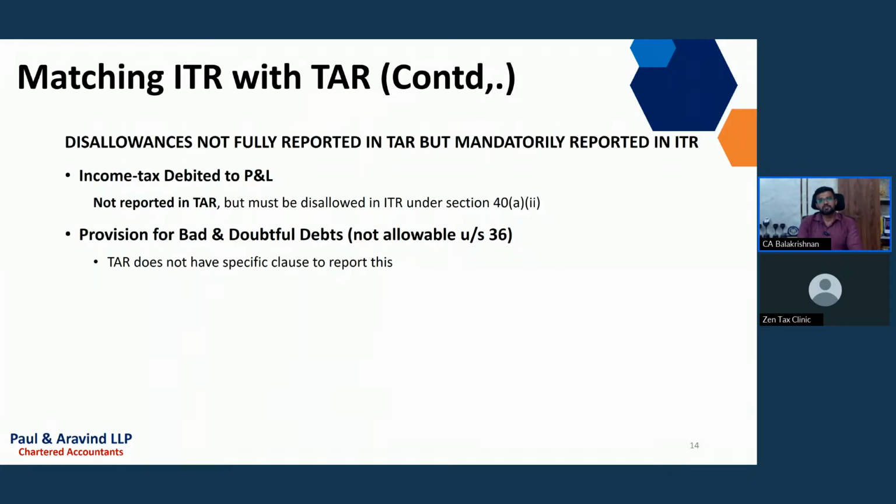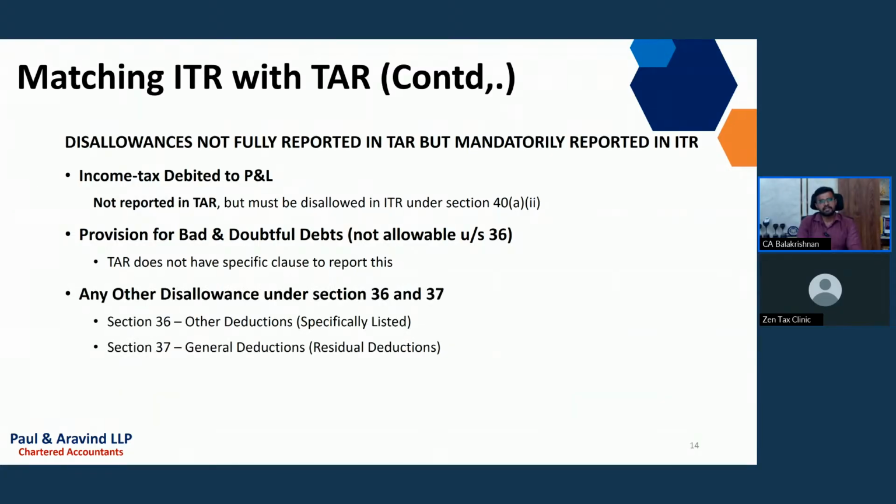And provision for doubtful debts is not allowable under section 36, which means provision is generally not allowable for all assessees. Provision for doubtful debts is allowed only for bankers. So if assessees recognize a provision for doubtful debt, then this needs to be disallowed in the ITR only, because the tax audit report does not have a specific clause to report it. And for any other disallowance in the ITR form, under section 36, we can see any other disallowance that is not specifically given in section 36.